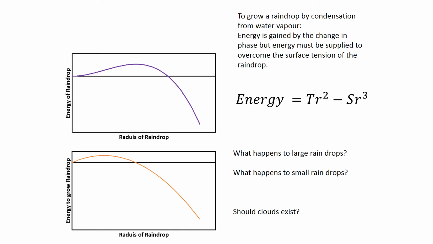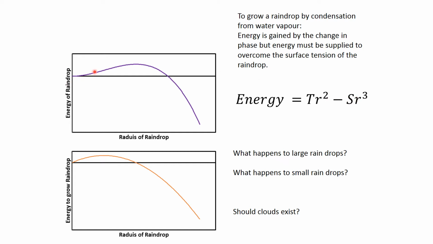So if we actually look at the energy we have to put into the water droplet, it's the surface tension energy minus the energy we get from condensation. And when the radius is very small, as we go from a small radius to a slightly bigger radius, this term is bigger than this term.